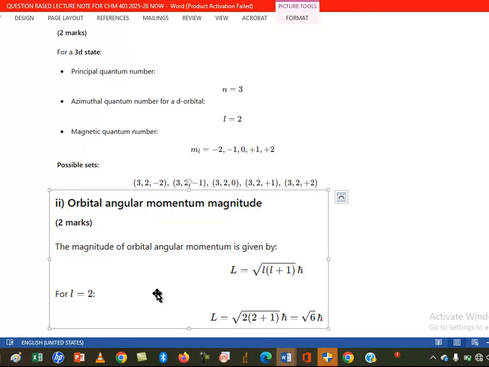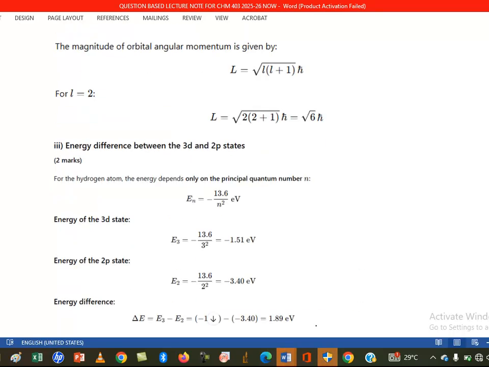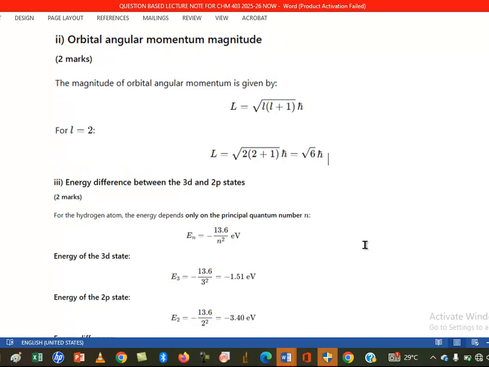But remember from our question, l is equal to 2. So we have L is equal to the square root of 2 times 2 plus 1, times h bar. And so your answer will be the square root of 6 h bar. So you can stop there. That is what is needed.